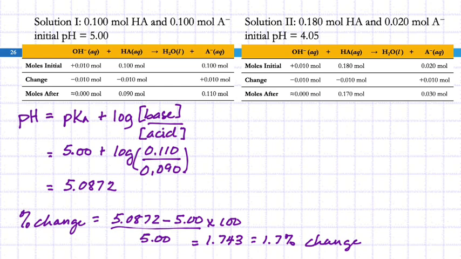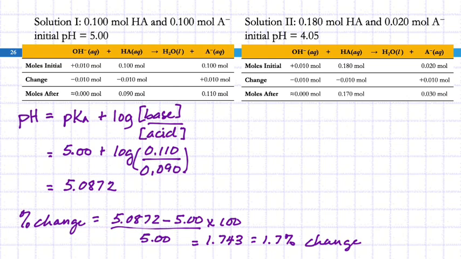Let's look at our second buffer, solution 2. Again, we're adding 0.01 moles of hydroxide. These are our initial amounts. We subtract from the reactants, add to the products. We end up with these for our moles after. Does anybody have any questions about that table and how that table works?